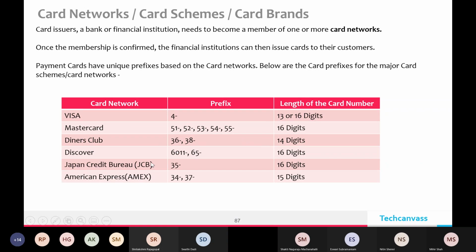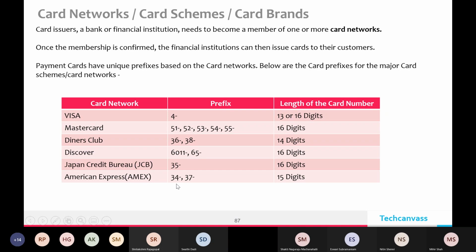Discover card is 6011. If something starts with 6, that means it is issued by the travel and tourism industry. Then 601165, Japanese Credit Bureau 35, Amex 3437.